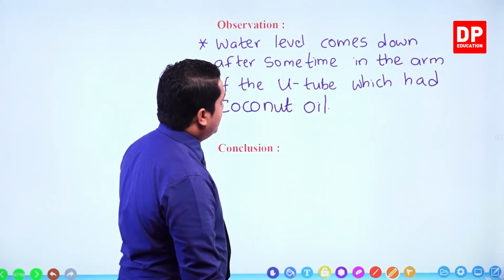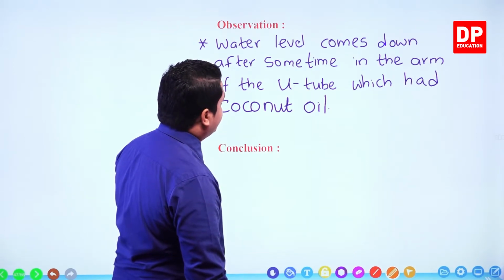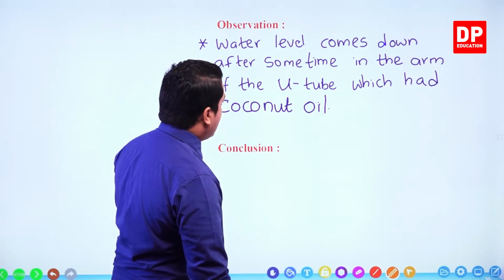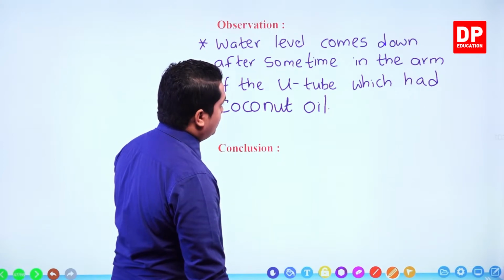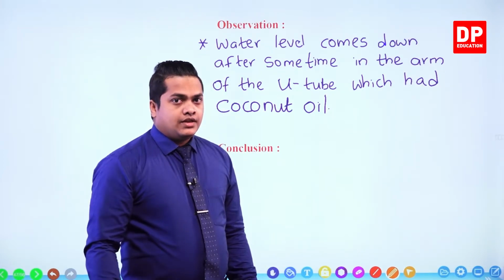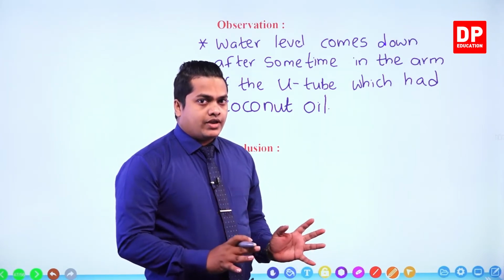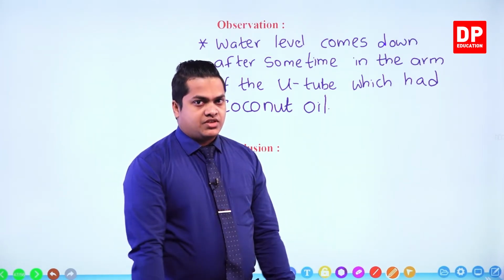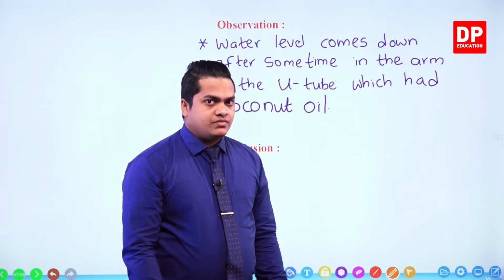So water level comes down after some time in the arm of the U-tube which had coconut oil, right? In the arm that had coconut oil, the water level comes down. Okay, that was the observation.